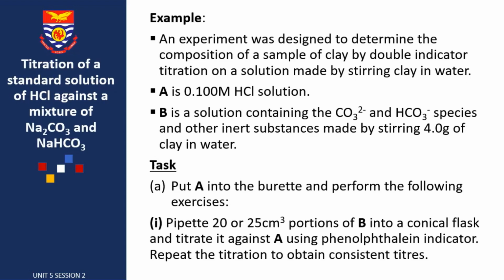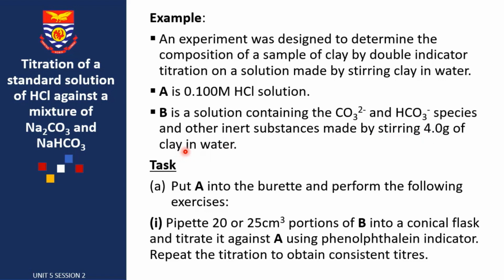So let's look at an example here. An experiment was designed to determine the composition of a sample of clay by double indicator titration on a solution made by stirring clay in water. A is 0.1 molar HCl. B contains the carbonate and bicarbonate species and other inert substances, made by stirring 4 grams of the clay in water.